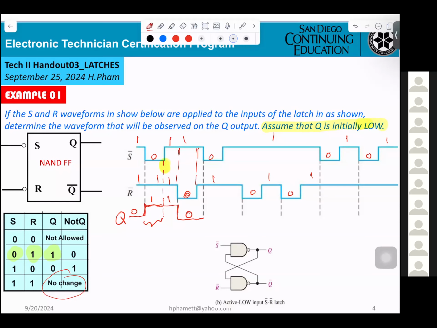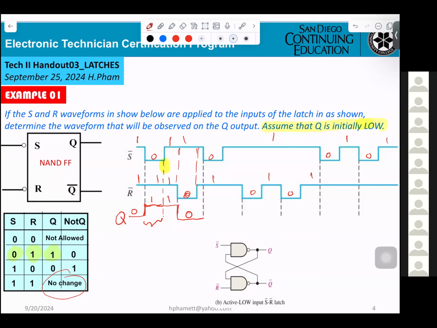The only thing I try to make sure is that you know how to use the table to tell what Q is. We're not talking about not Q. The textbook is not doing a good job on that one.